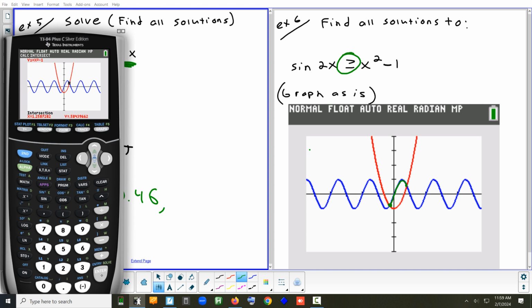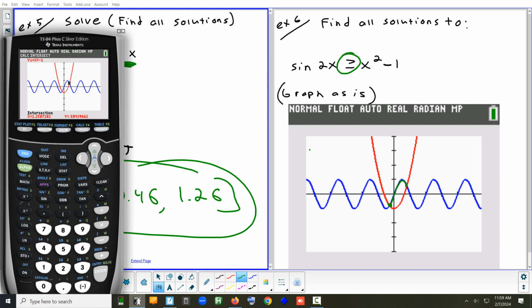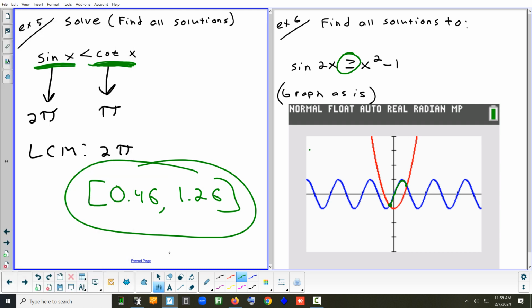Include or not include? Yeah, we can include it again because it says it can equal. So up to 1.26. Isn't the first one negative? Was it a negative? Yeah, it was a negative. I missed that. Thank you. If I don't put plus 2 pi in, it doesn't repeat. That's the only answer.